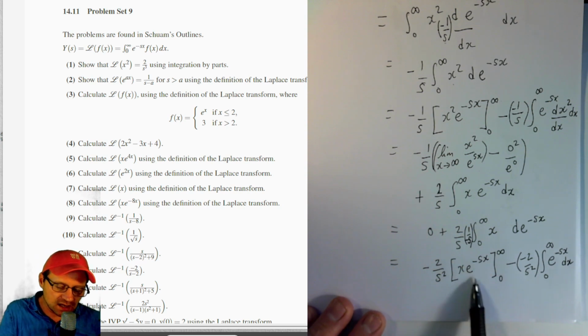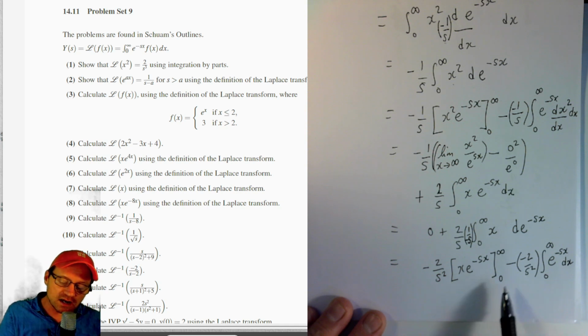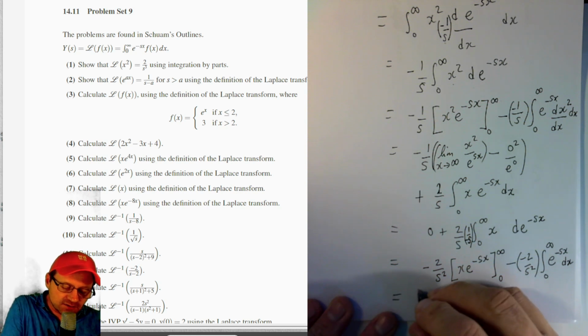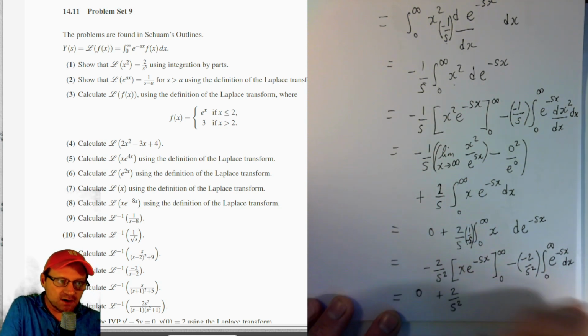So this one, again, we're going to get 0 for this part because we take a limit for this piece as x goes to infinity. We get 0. And then we also get 0 when we sub in the 0 there. So then we have 0 plus 2 over s squared.